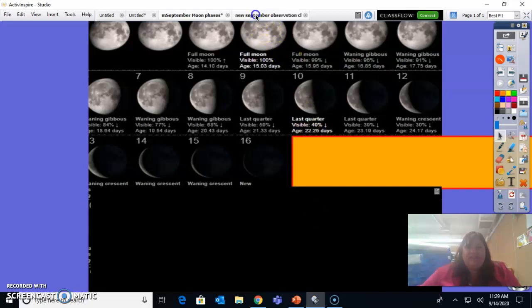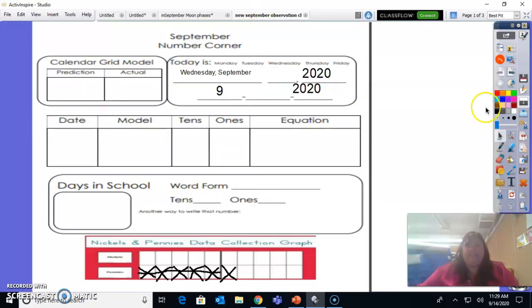All right, let's take a look at our observation chart. Today is the 16th, Wednesday the 16th. So you need to fill that out on your sheet. Wednesday, September 16th of the year 2020. So get ready to make your prediction.